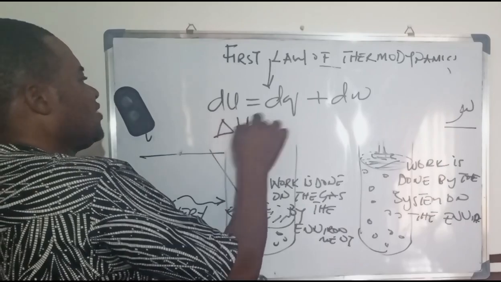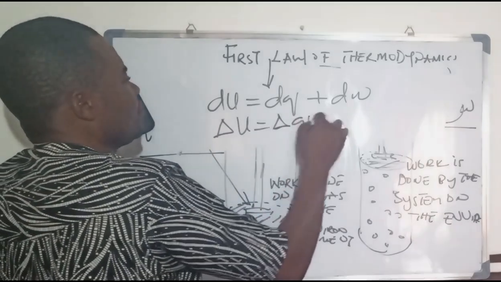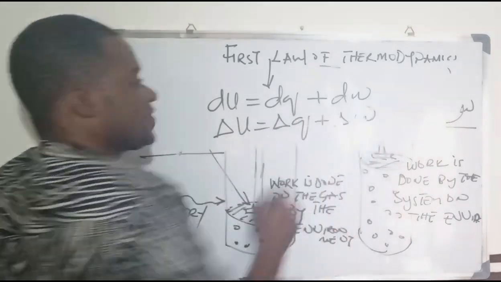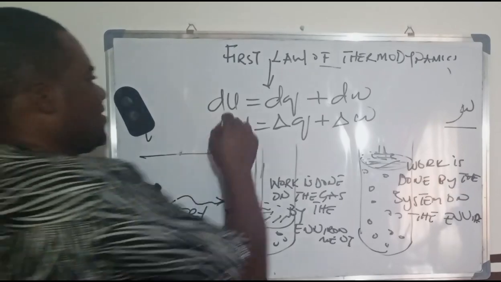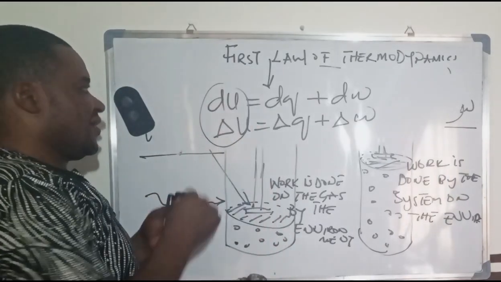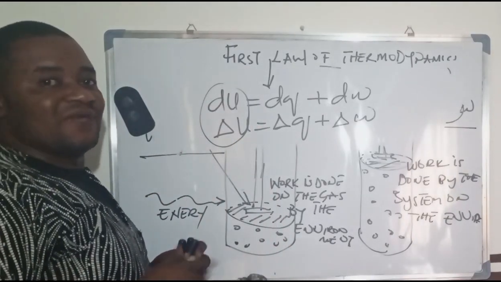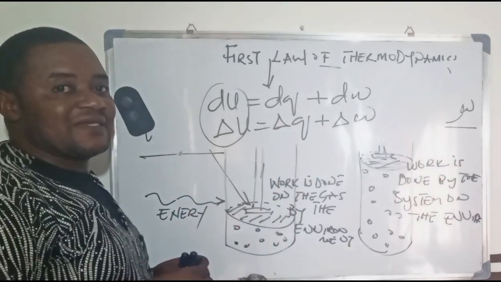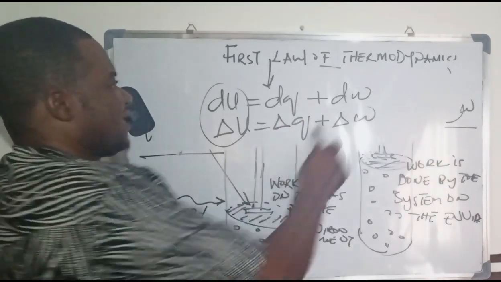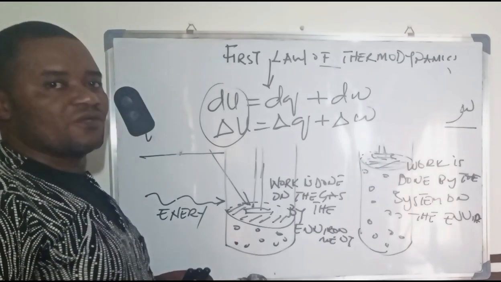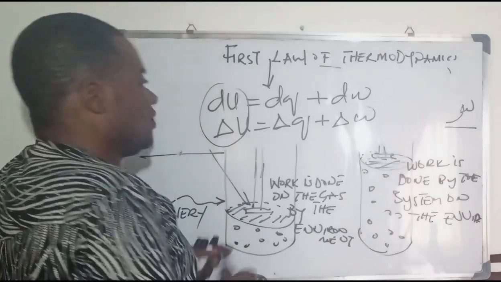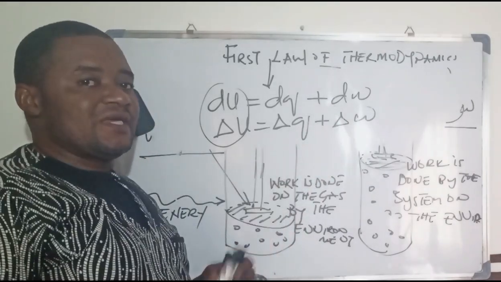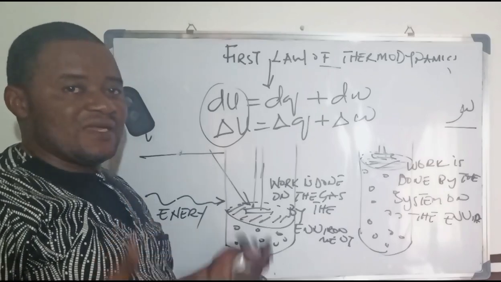Some will tell you change in U equals change in Q plus change in W. It is the same thing. This U defines the change in internal energy of the system, this Q defines the heat change, and this W defines work done by the system. And we have explained when work done by the system is positive and when it is negative.